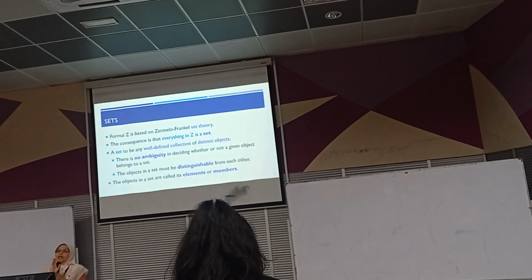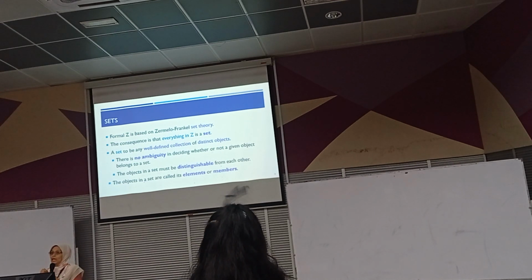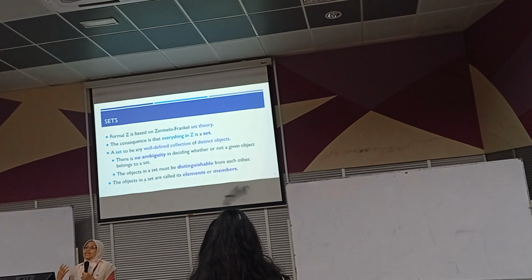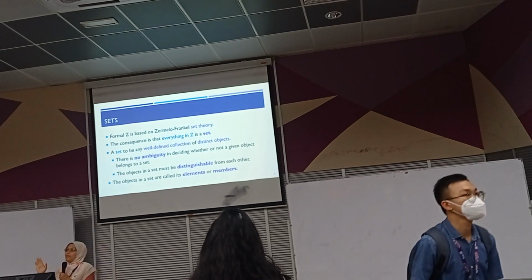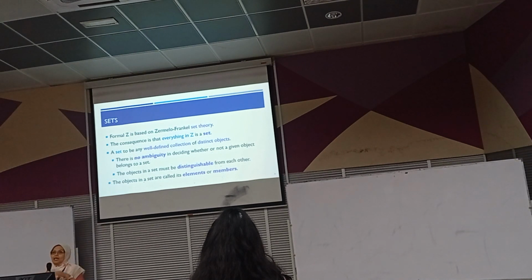Why I stress that a set cannot be duplicated is because when we do our Z schema later, we are going to have what we call a relationship. Something like what you learned, for example, relation or function in your discrete maths. You have a domain, you have first coordinates and second coordinates, x and y, for example. You link these two together.